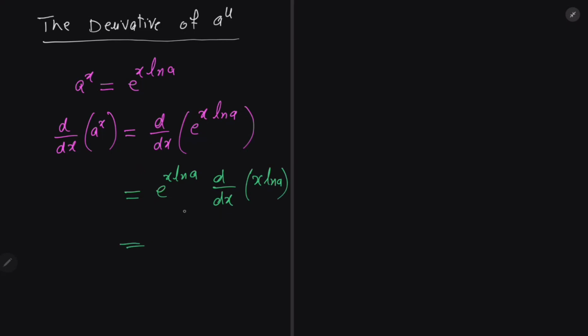So we have e raised to the power x natural log of a, and the derivative of x natural log of a will be natural log of a, since x is the variable here. The exponential and natural log cancel out, so we have a to the x natural log of a. So the derivative of a to the x is equal to a to the x natural log of a.